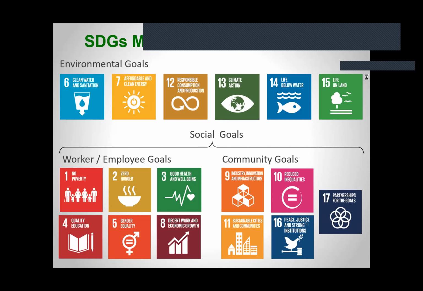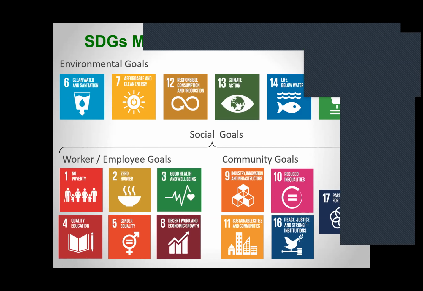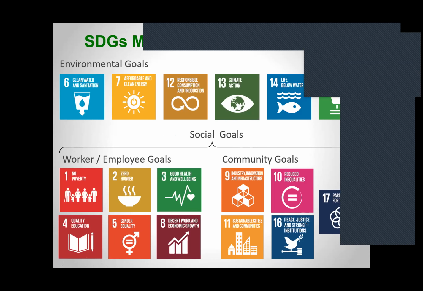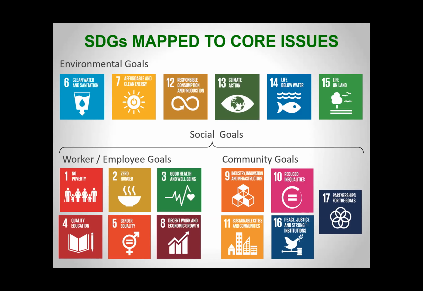So what we end up with are a bunch of things which are very environmentally related and are bridgeable or aligned with some of the things that we talked about before.